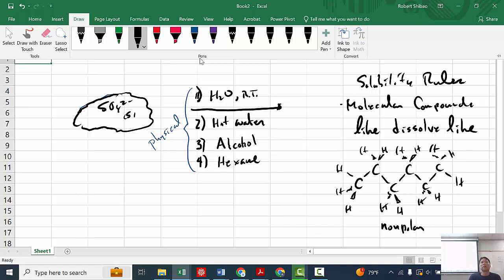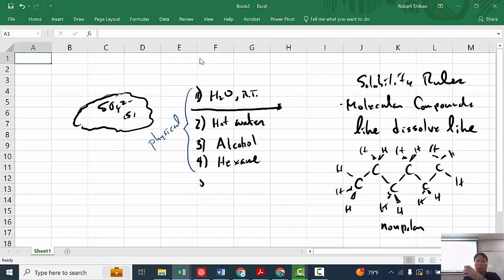Let's say none of these worked. What else could you try? You could try acid. But acids oftentimes don't do a physical, this is called dissolution.